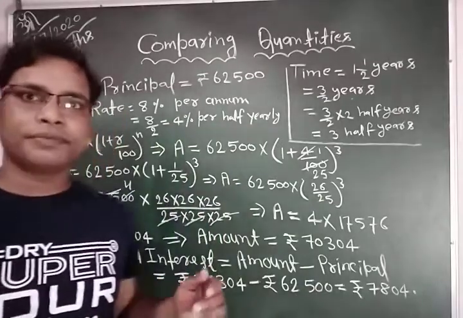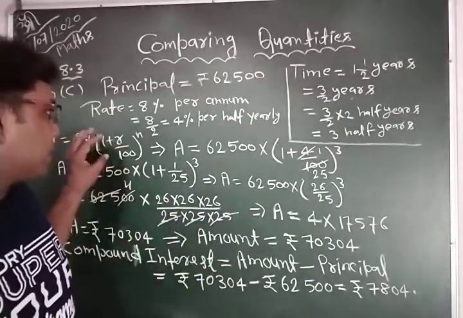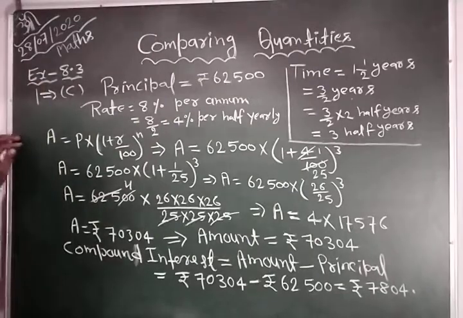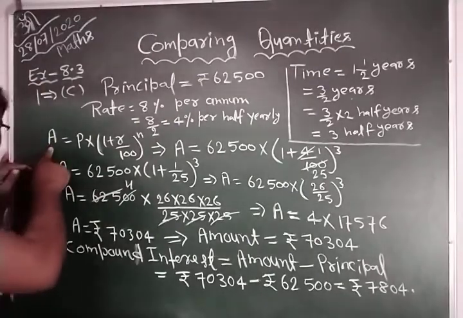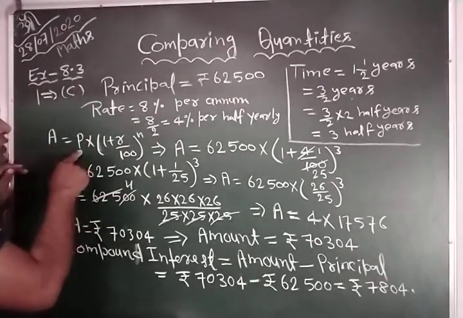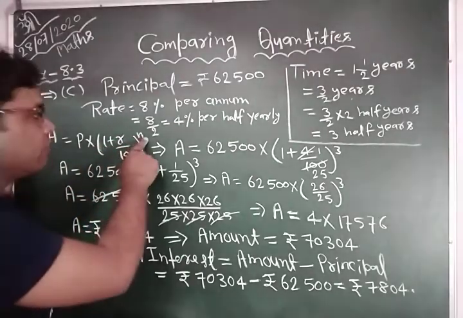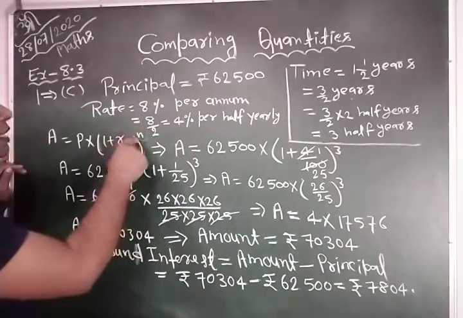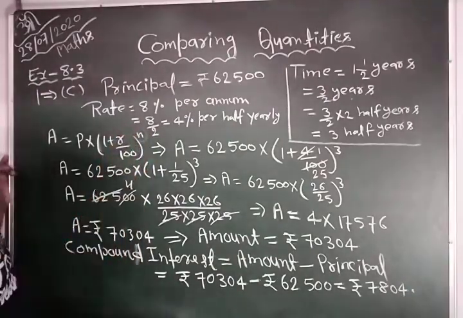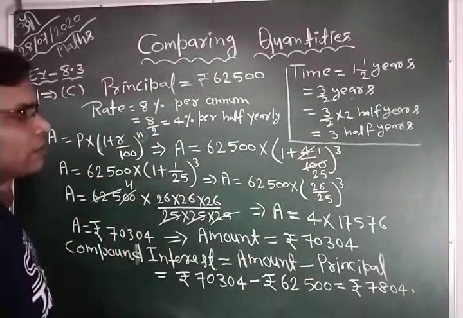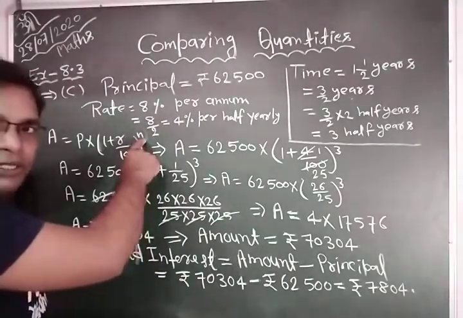Now you put this formula. A represents amount, P represents principal, R represents rate and N represents time. Somewhere you can see T, small t, written in place of N. No problem, this N is equal to time.